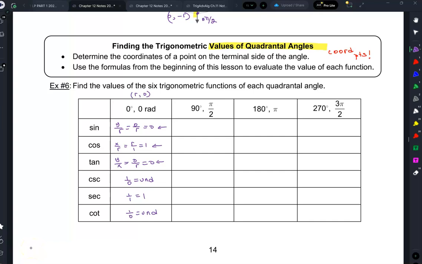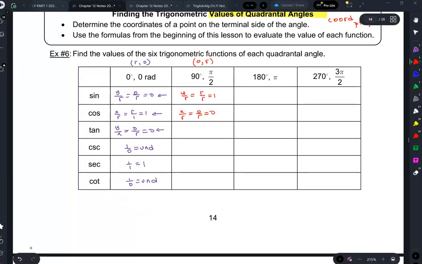For 90 or pi over 2, the coordinate now is going to be 0, comma r. So 0 is x, y is r. So sine, if it's y over r, it's going to be r over r, 1. Cosine is x over r, 0 over r, 0.